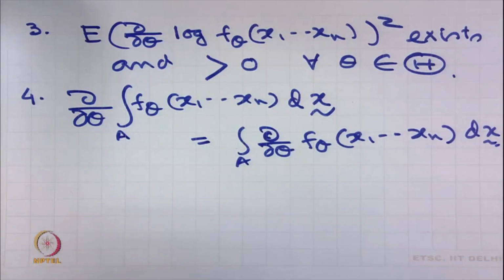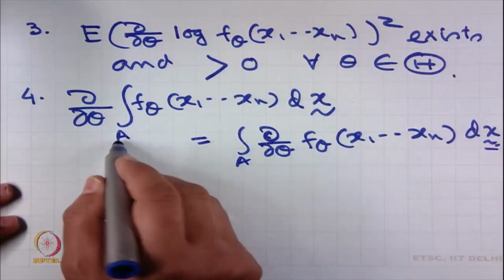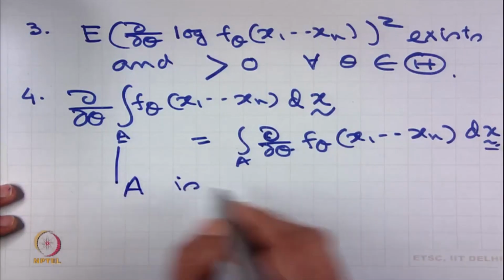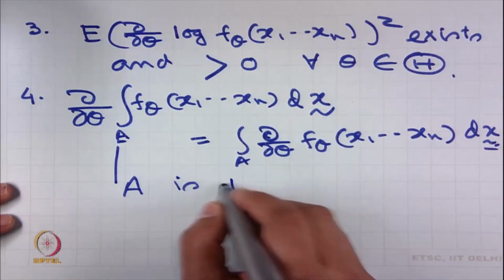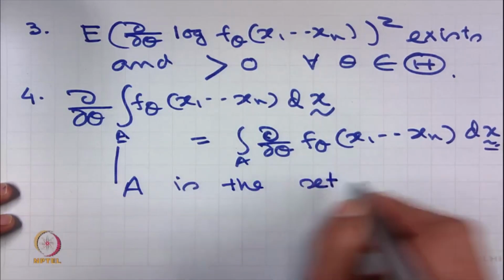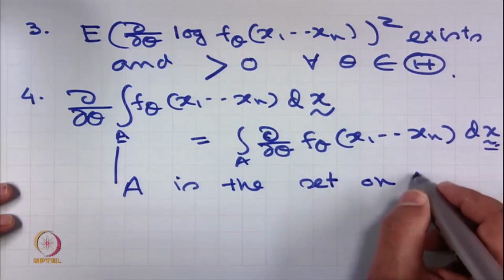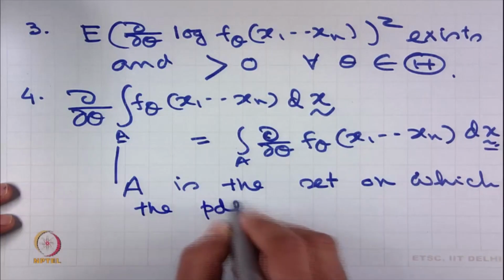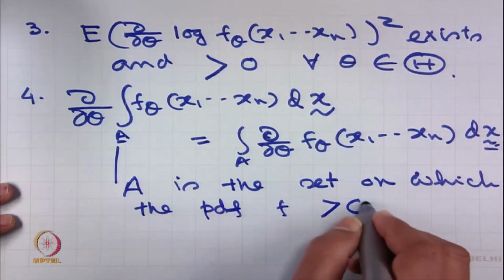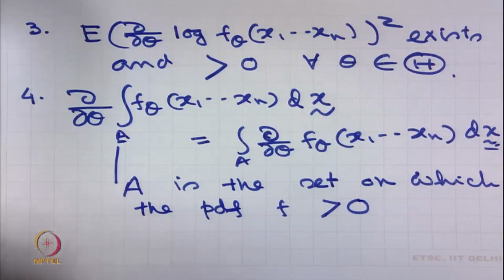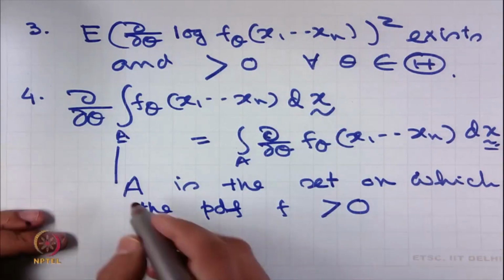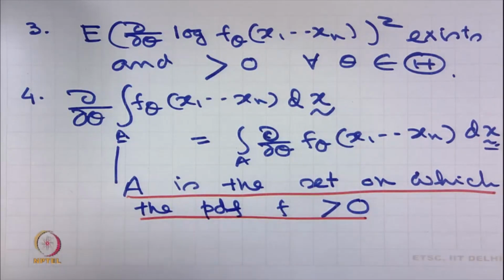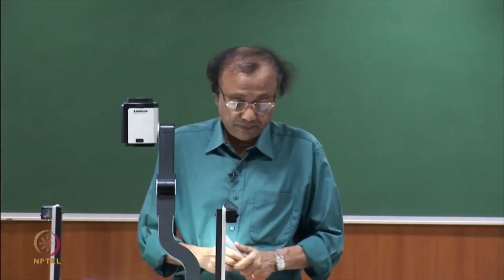Now, you may ask what is this notation and what is A. So, A is the set on which the PDF f is greater than 0, or in other words, we are looking at only the region on which the probability density function is greater than 0.